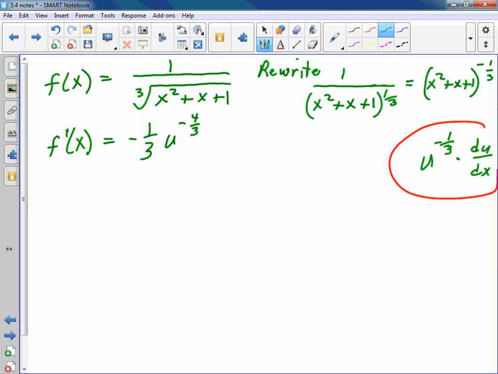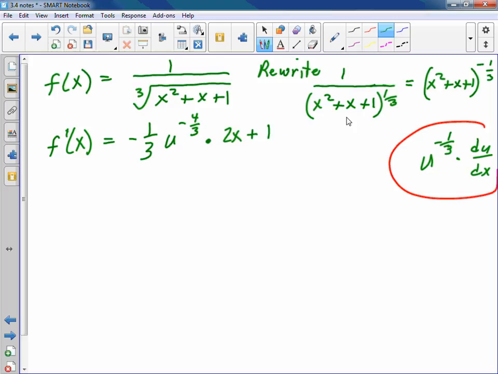Okay, and then we go times the derivative of what's on the inside. The derivative of what's on the inside, which is what? 2x plus 1, good.